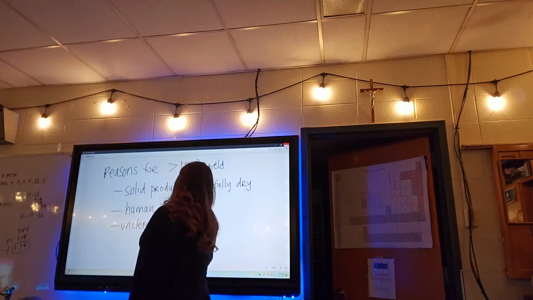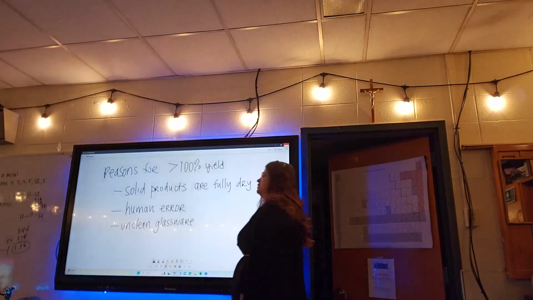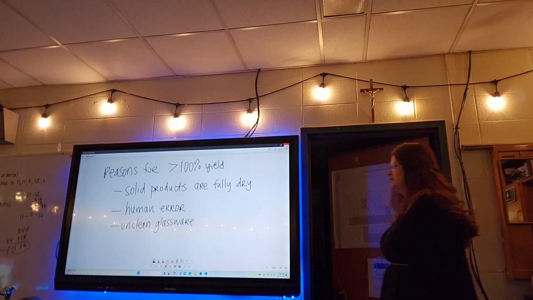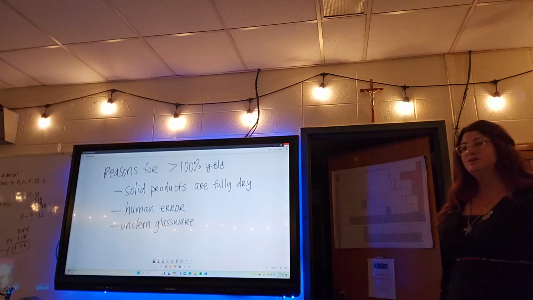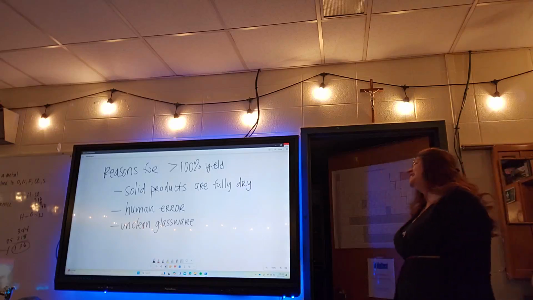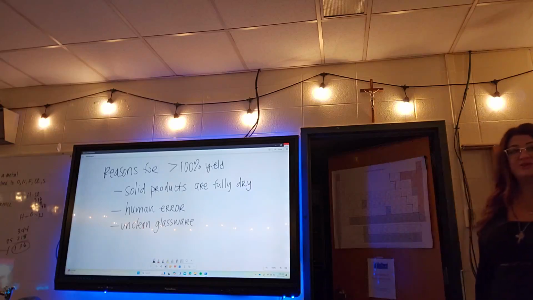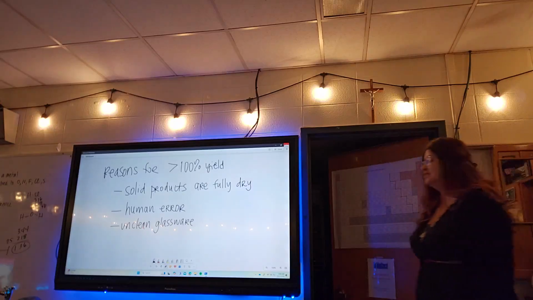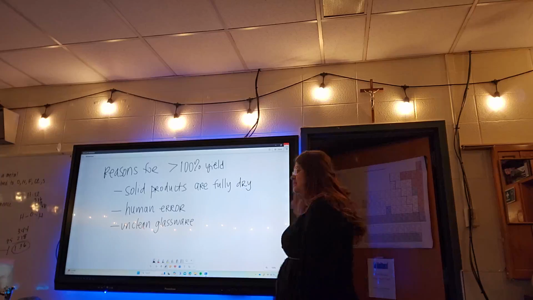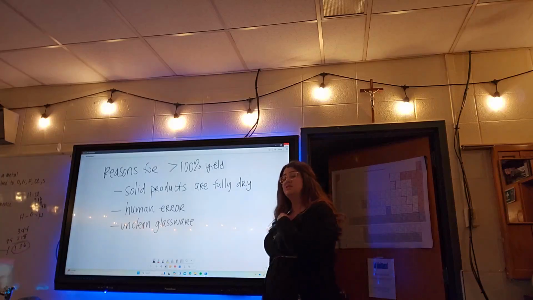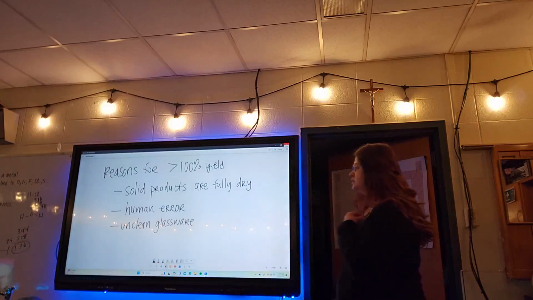You don't know what the glassware in your drawers, if it's been cleaned or not. You don't know. So if you are, Dominic, if you are starting your lab and you want to get a high percent yield that's accurate, you want to make sure that your glassware is clean, that you know it's clean, that you've cleaned it. And so using unclean glassware is a good reason that you would have impurities and greater than 100% yield.